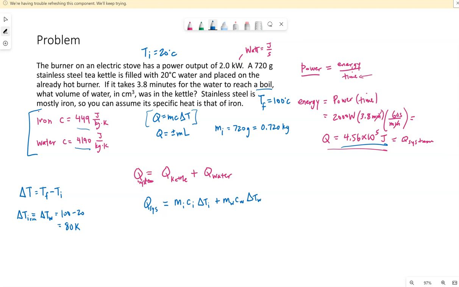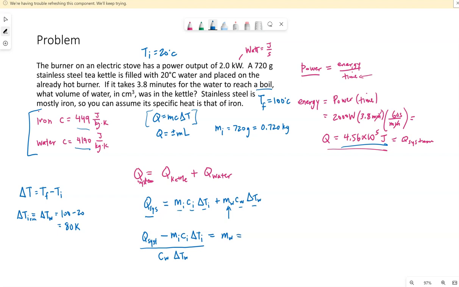So we know Q of the system, we know the mass, we know C delta T. Our only unknown is the mass of this water. And so we will be able to figure out the mass of the water. Let's subtract that term. So subtracting mass of the iron, C of the iron, delta T of the iron, it's going to leave me with m c delta T for water. I'm going to divide by the C delta T of water.